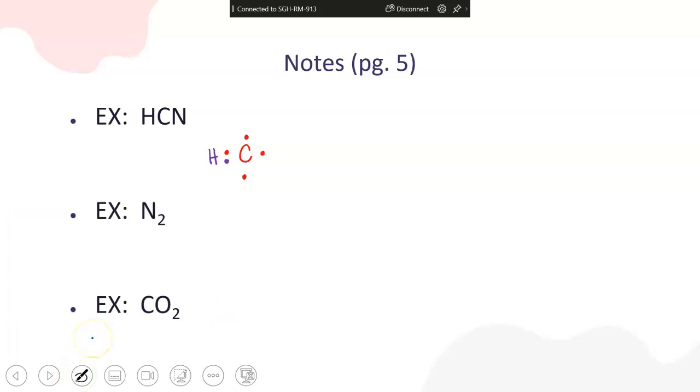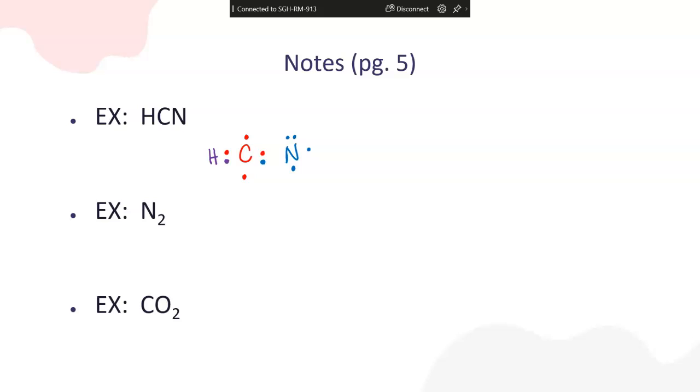Now we're getting fancy, 3 pen colors. Nitrogen has how many valence electrons? 5. So 1, 2, 3, 4, and then we fit the 5th one in where you can start pairing it.